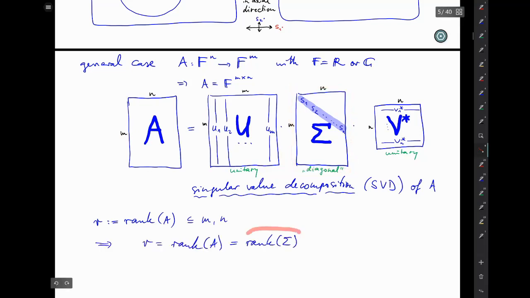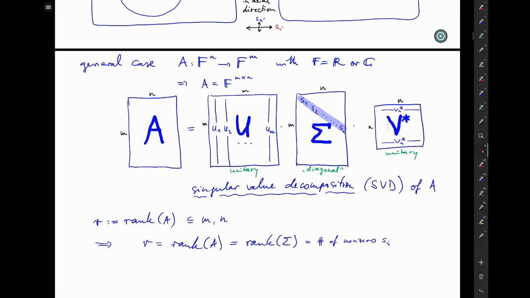So also the rank of sigma is r, but on the other hand the rank of sigma is just the number of pivots in sigma, and that is the number of non-zero singular values s. So for example, if the rank of your matrix A is 3, then out of these possibly many singular values S1 to Sn, only 3 of them are non-zero, all the others are 0.